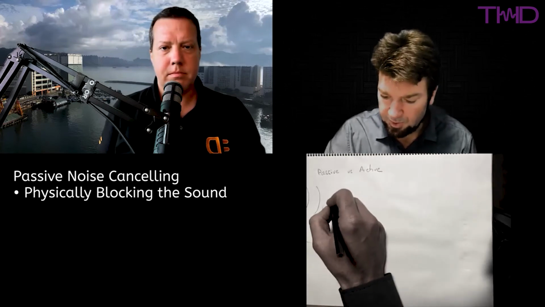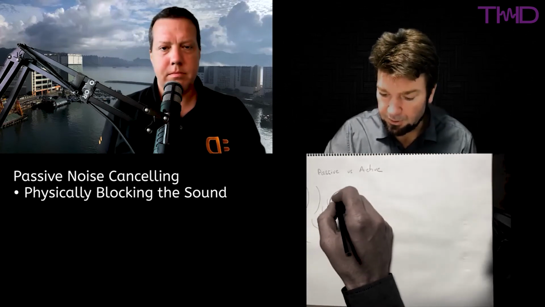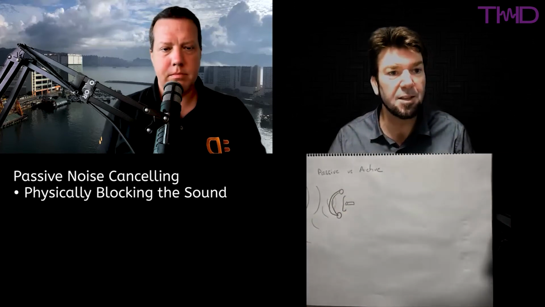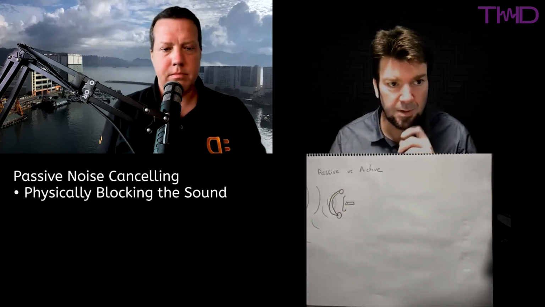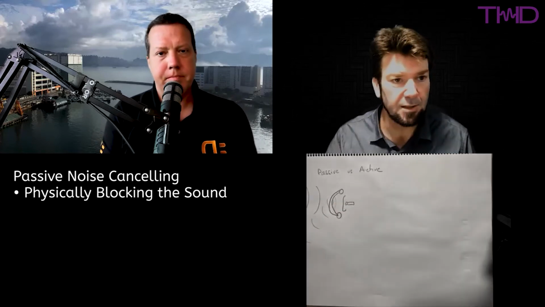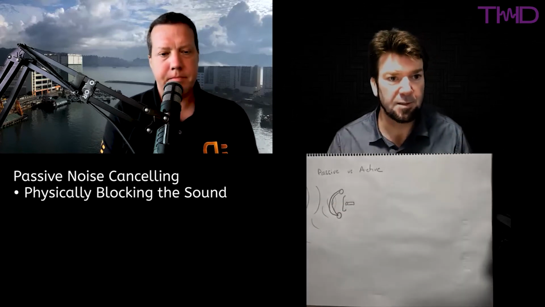And some sound will still get inside. And what you're trying to do then is have a large cavity inside so that sound energy disperses inside the chamber, and thereby you reduce the amount of outside noise that's getting to the ear. So that's just passive cancellation. You're trying to reflect sound as much as possible, and whatever sound does get in, you're trying to dissipate it inside that ear shell.